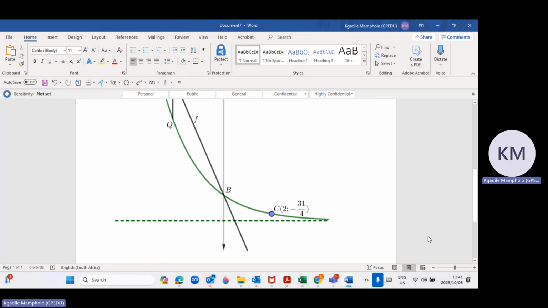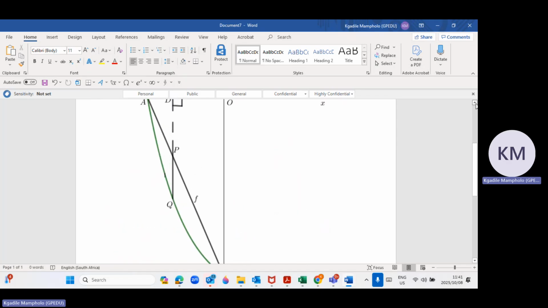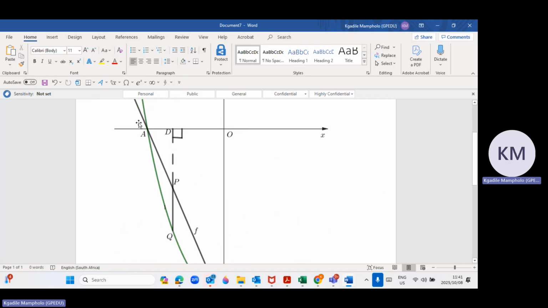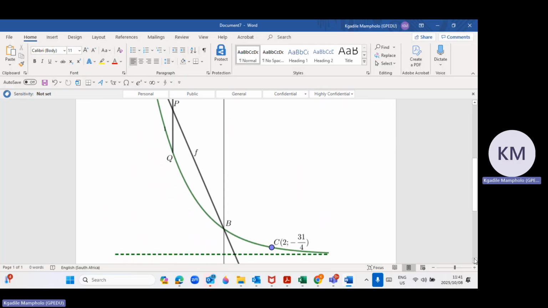The linear passes through B, and also it passes through A. It means you are going to find the coordinates of A and the coordinates of B to find the gradient, because the line passes through the x-intercepts, the intercepts, both x and y. The intercepts of the linear are the same as the intercepts of the exponential.